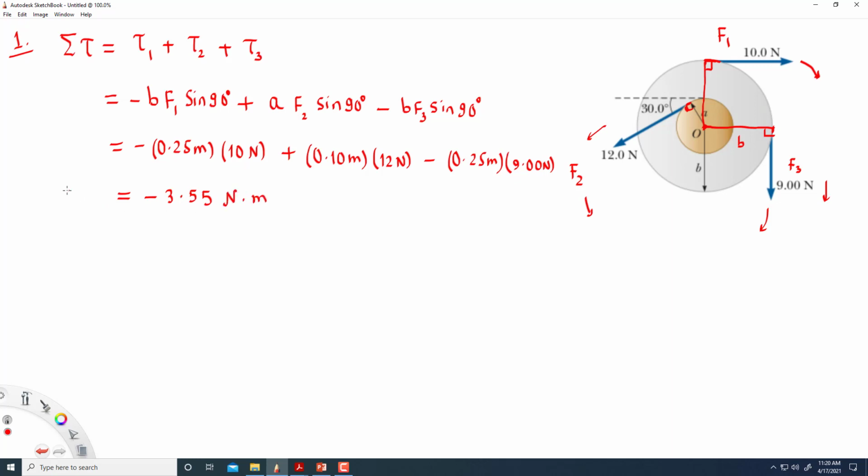That's the total torque. Okay, so this negative sign implies that the net torque will rotate this wheel in clockwise direction. Okay, so by applying these three forces, the wheel would rotate in clockwise direction. So that's number one.